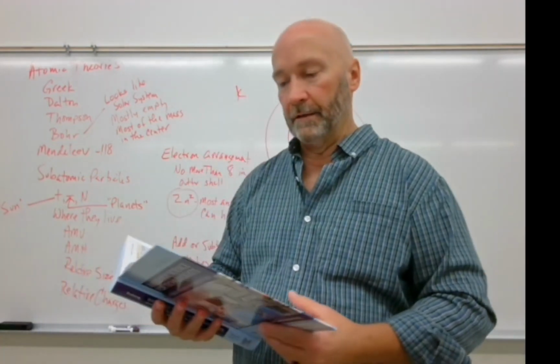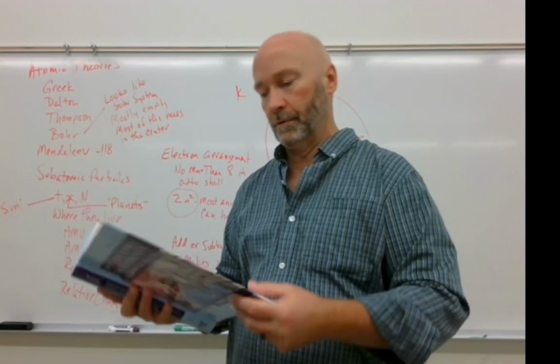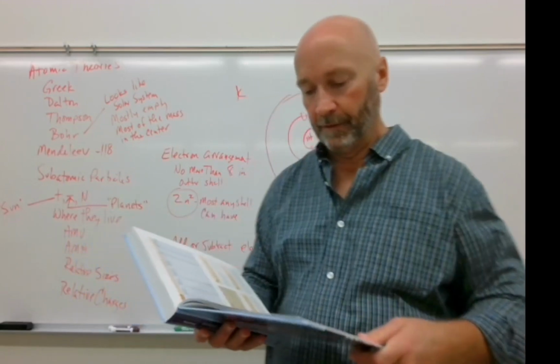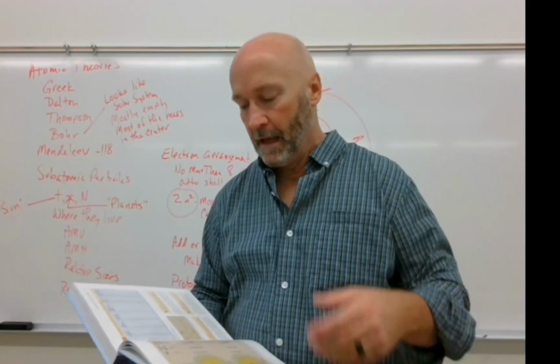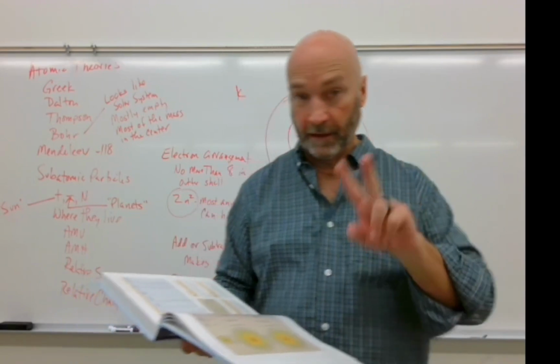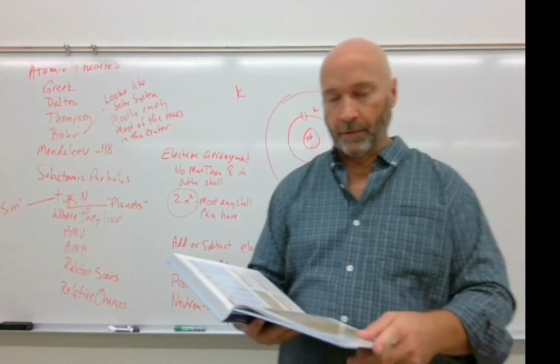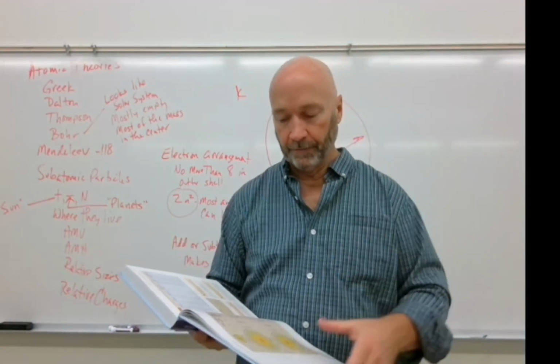Now, if you look on the opposite page, page 44, you have to look at your own book. I can't hold it up well enough for you to see it. But what you see in tungsten is the K-shell has 2, because 2n squared. The K-shell is the innermost shell.